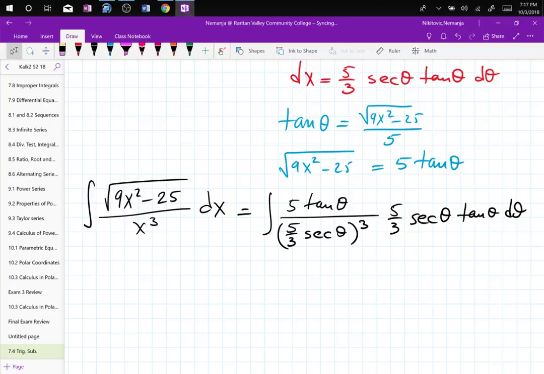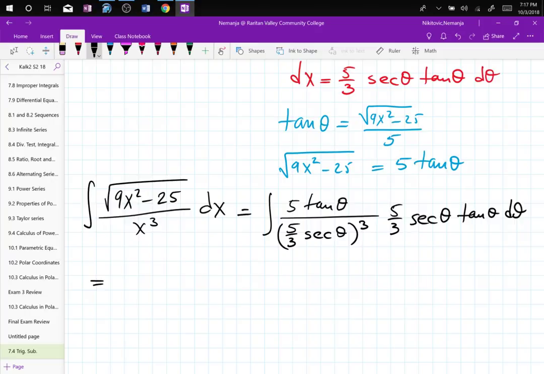So let's see. I have 25/3, and then I have 3 cubed over 5 cubed to kick out.